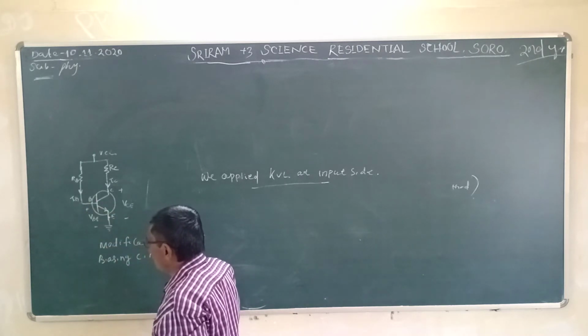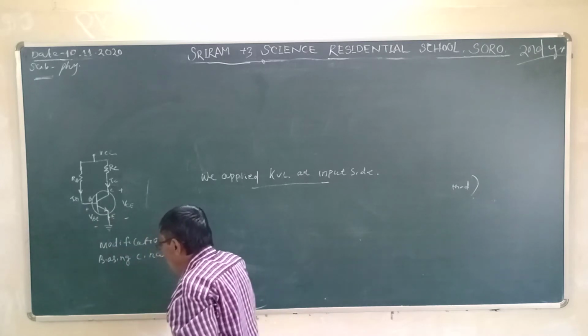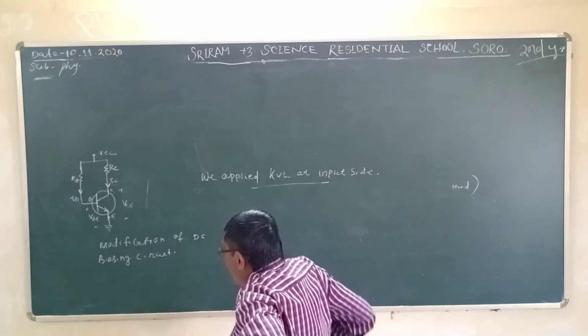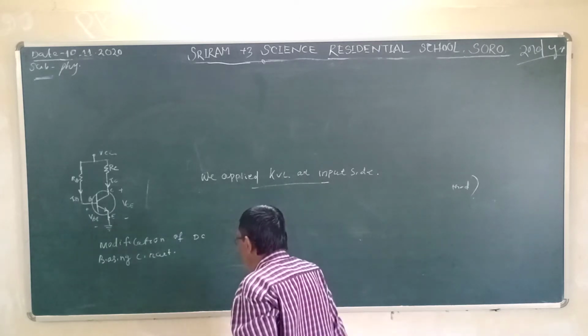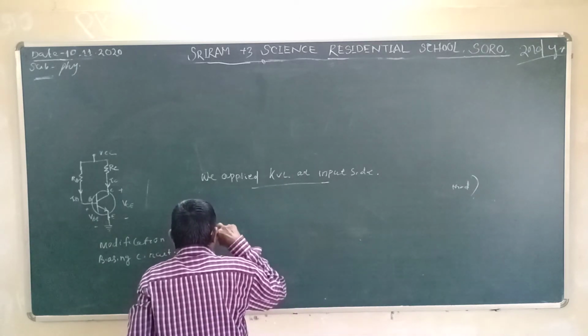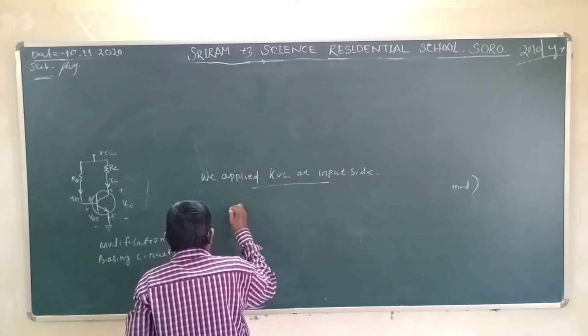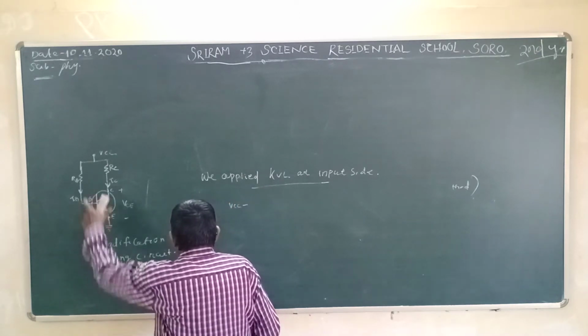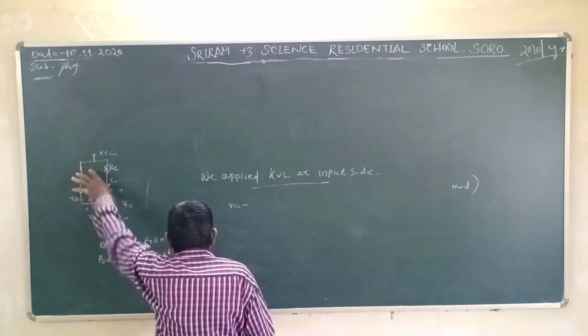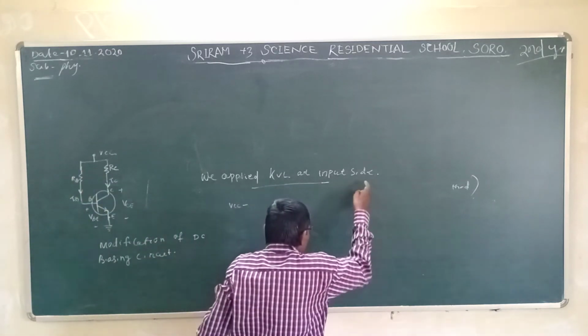This point is the voltage of the base. When we calculate IB by applying KVL at the input side, by Kirchhoff's voltage law, VCC minus... now we apply KVL at the input side.